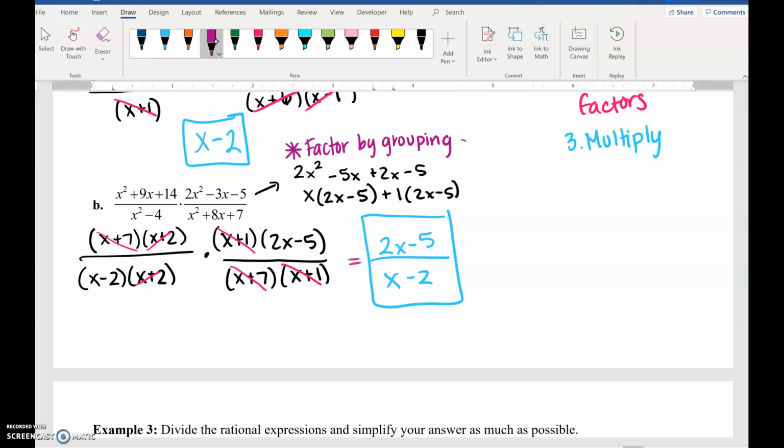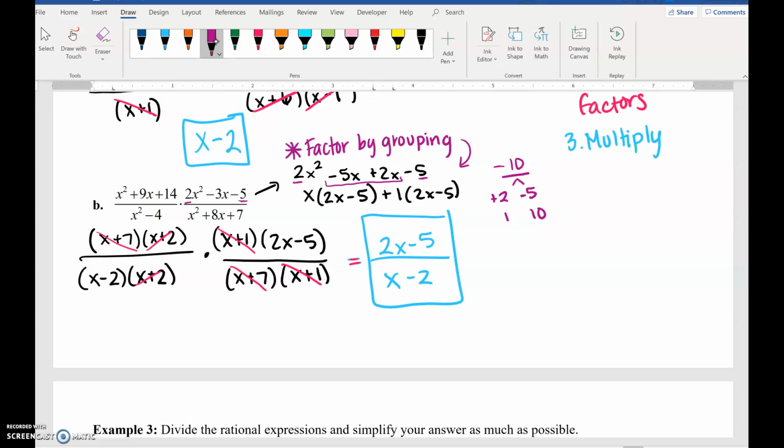Factor by grouping is when you take the A value, multiply it to the C value, and then replace the B value in the middle with factors that add to that B but multiply to A times C. So in this case, we needed something that multiplied to 2 times negative 10, so we were looking at negative 20, and then looking for something that added to negative 3. So we needed a negative 5 and a positive 2. And that's where these numbers came from right here.